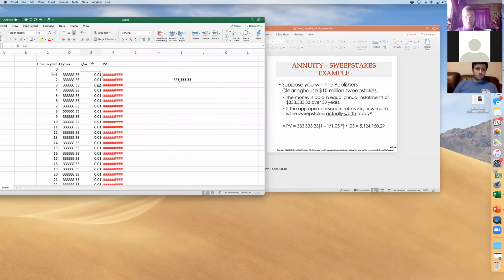So this is not a cash flow per month, this is a cash flow per year, and my annual interest rate is 5%. Note that the payment, the time frame, and the interest rate are all in annual terms.